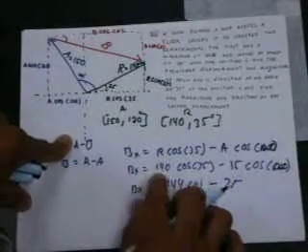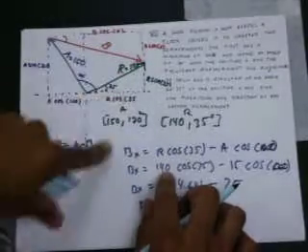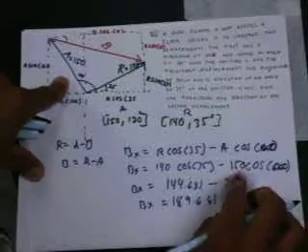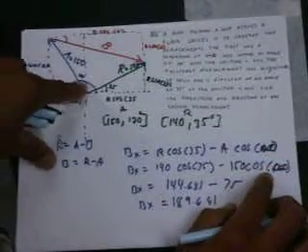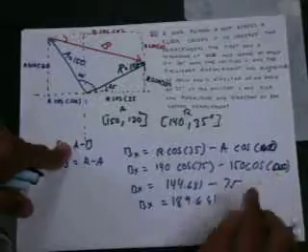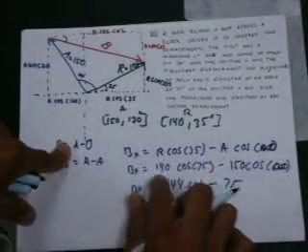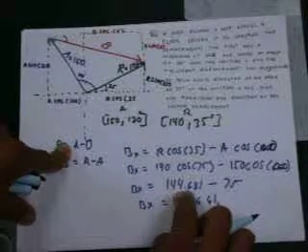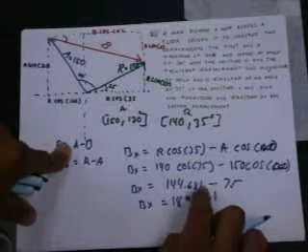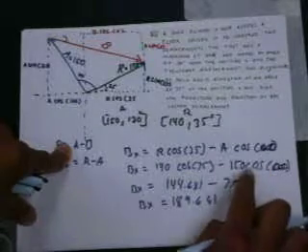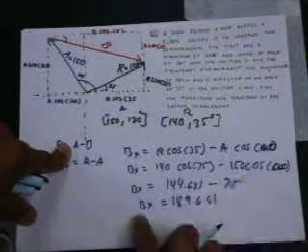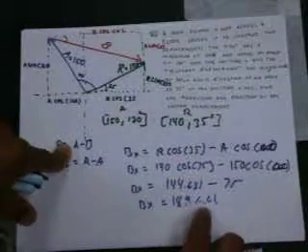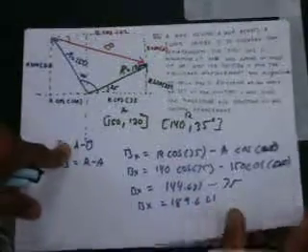Our B of X equals 140, which is our R, cosine of 35 minus 150 cosine of the angle of 120. If you solve for 140 cosine of 35, you get 144.681 minus, which is this, is 75, and our BX equals 189.681.